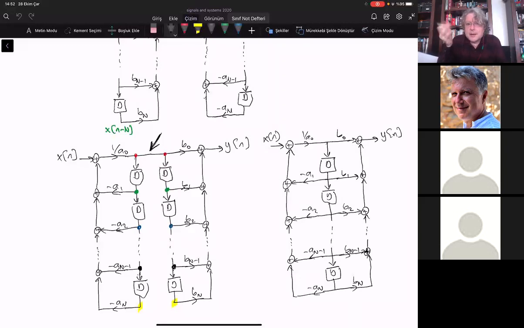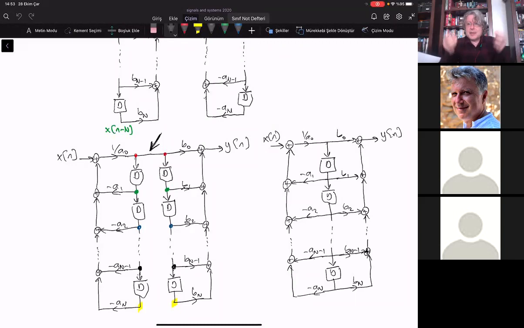I don't care. I am now delaying it to come up with the green points, which are the same because they are both delayed versions of the red signal. The right-hand side green signal is the delayed version of the red signal, and the left-hand side green signal is also a delayed version of the same red signal. So the two green signals are the same.